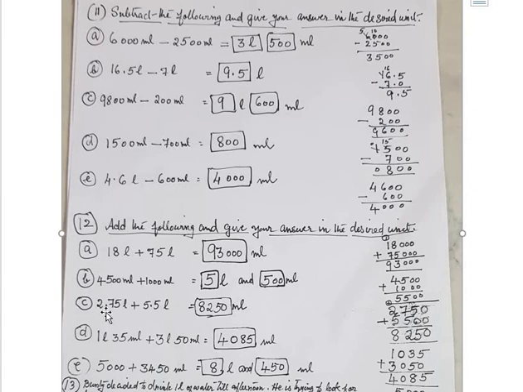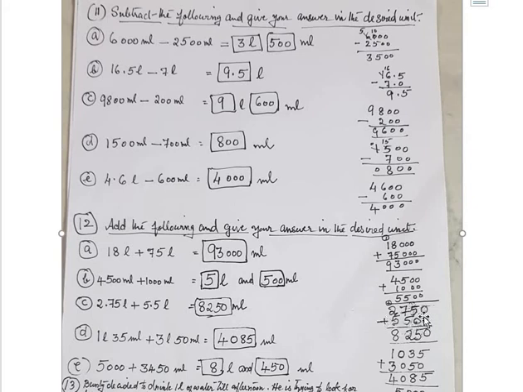Next one, 2.75 liter plus 5.5 liter. So 2.75 meaning is 2750 plus 5.5 meaning is 5500.